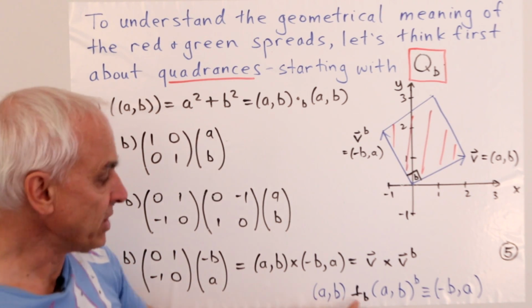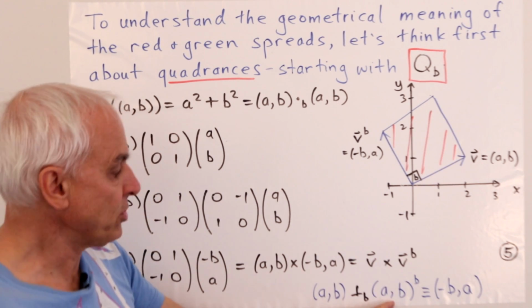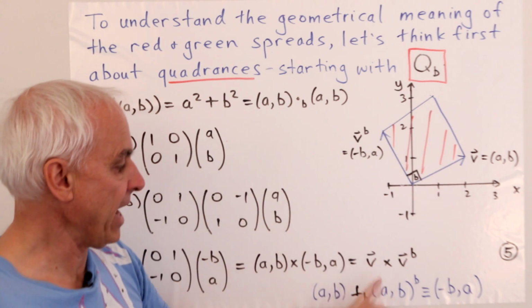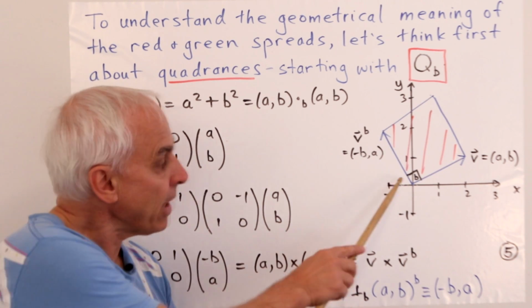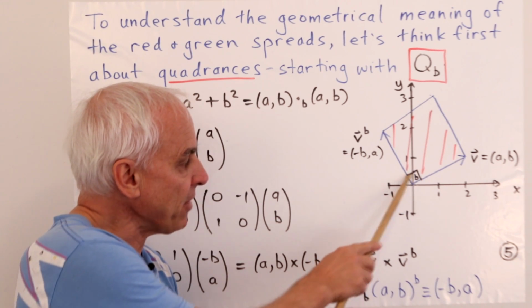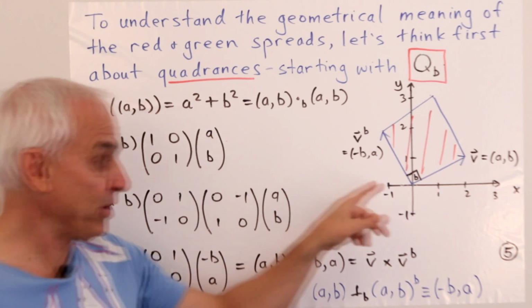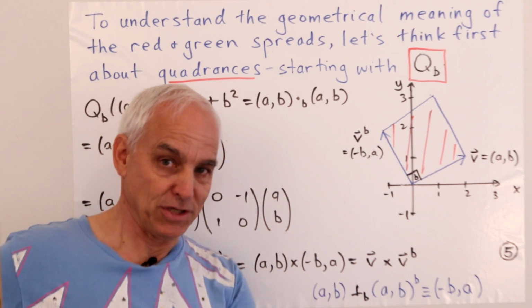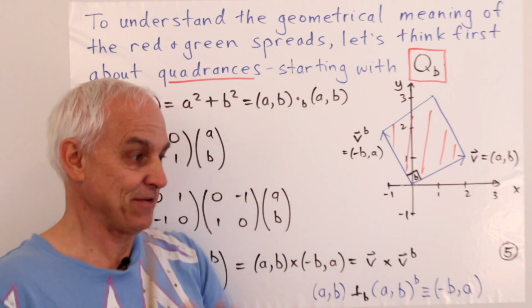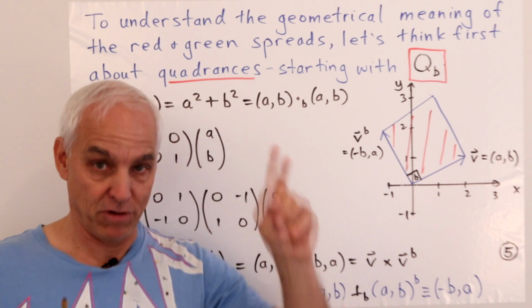And I'm just noting here that the original vector ab and this rotated vector ab super b are perpendicular. We're representing that perpendicularity by the usual little right angle sign there. But I'm also putting a little b under there because these days there are these different notions of geometry floating around, so there are different notions of perpendicularity. We're talking about the blue notion of perpendicularity here.